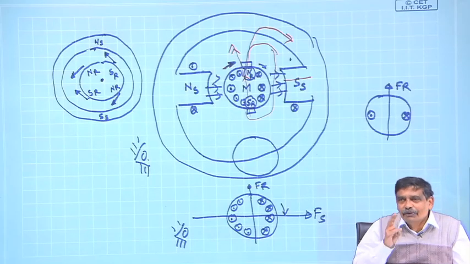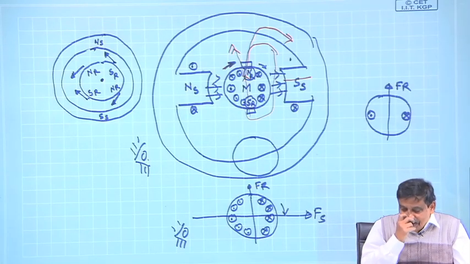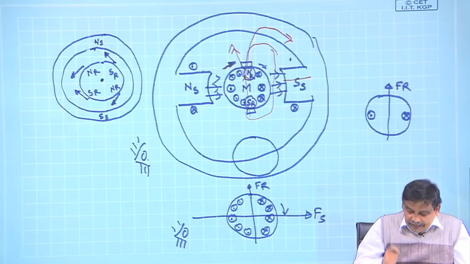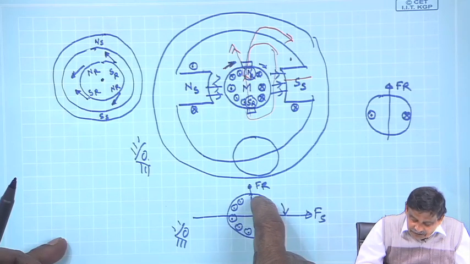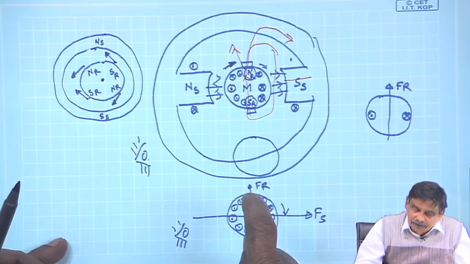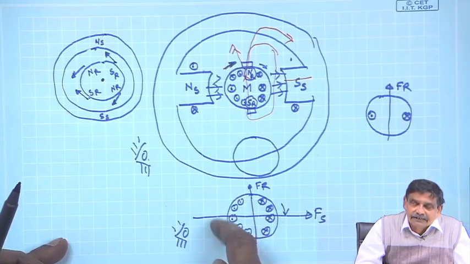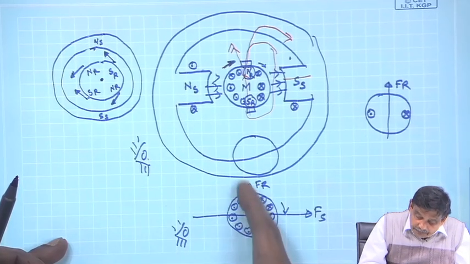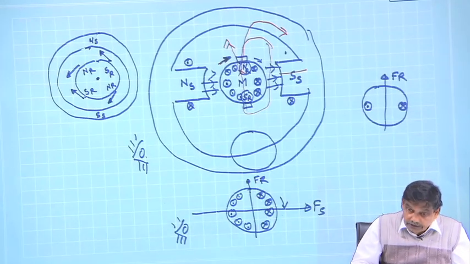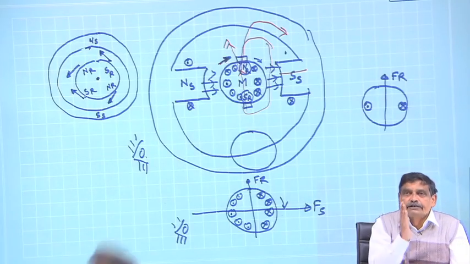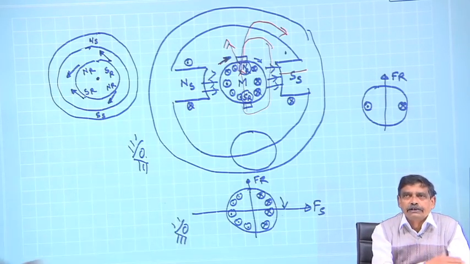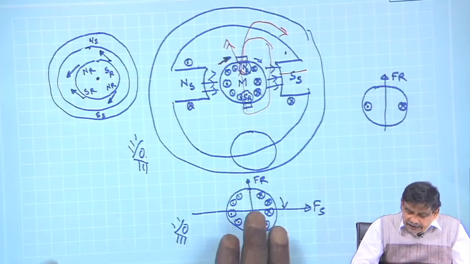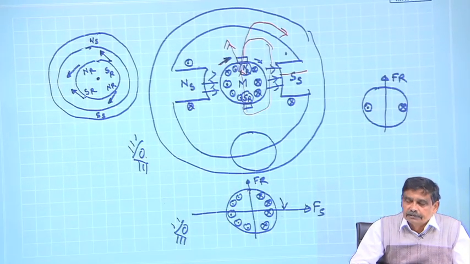The commutator segment and brush always make sure that the current on one side is always cross and the current on the other side is always dot, and therefore the field produced by the rotor, although the rotor is rotating, is fixed in space. It never goes this way and that way as it would otherwise. That thing is taken care of by commutator segments and brushes.